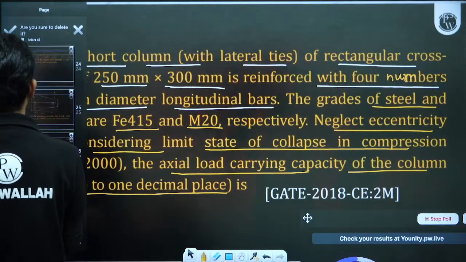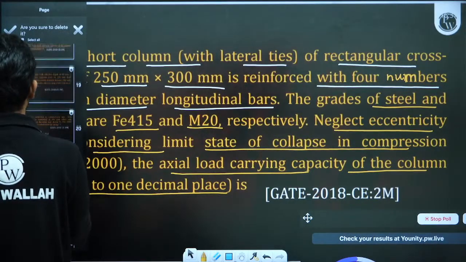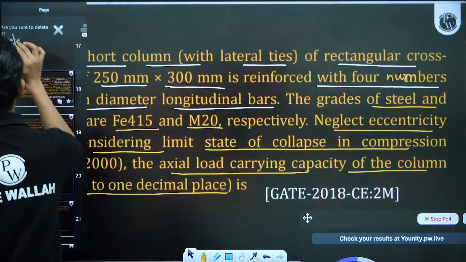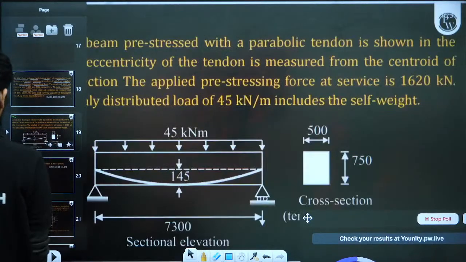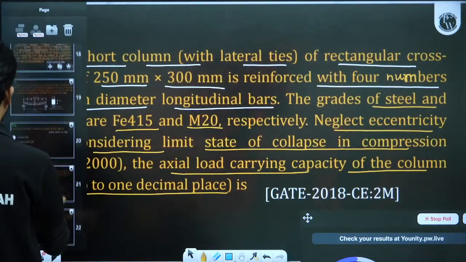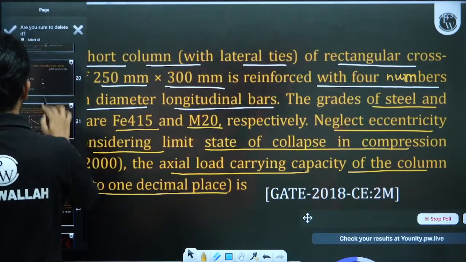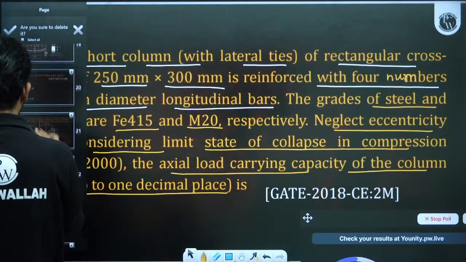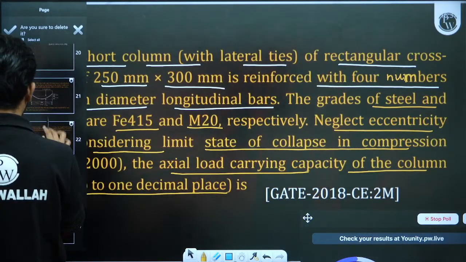I have solved those questions directly on YouTube itself. So all the GATE 2024 questions, you can see from there. So after that, we will do one pre-stress concrete question. Then we will wind up. First solve this. Then we are also going to do one pre-stress concrete question.